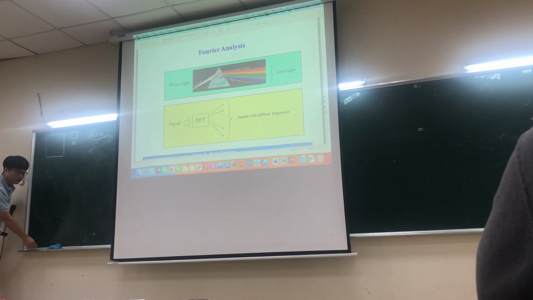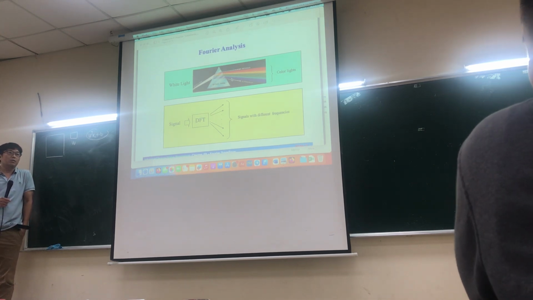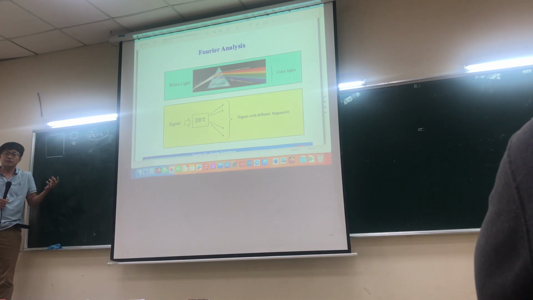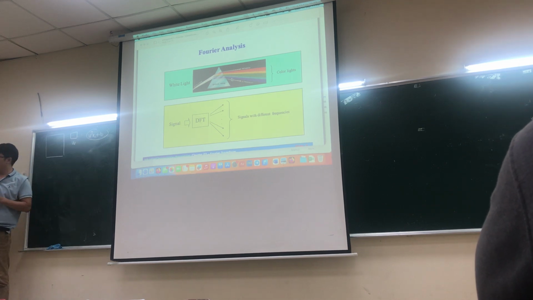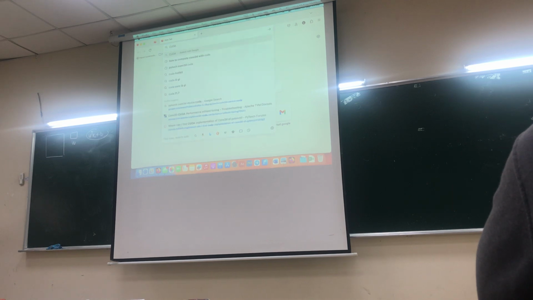So it takes a long time, especially when the kernel is bigger. So that's why we accelerate the computation using, for example, CUDA of NVIDIA GPU cards. I remember. Let me try again. CUDA.